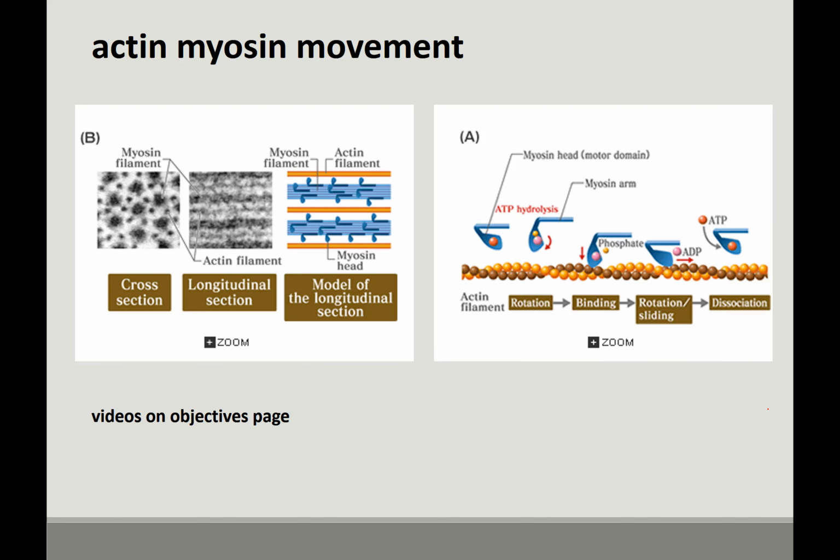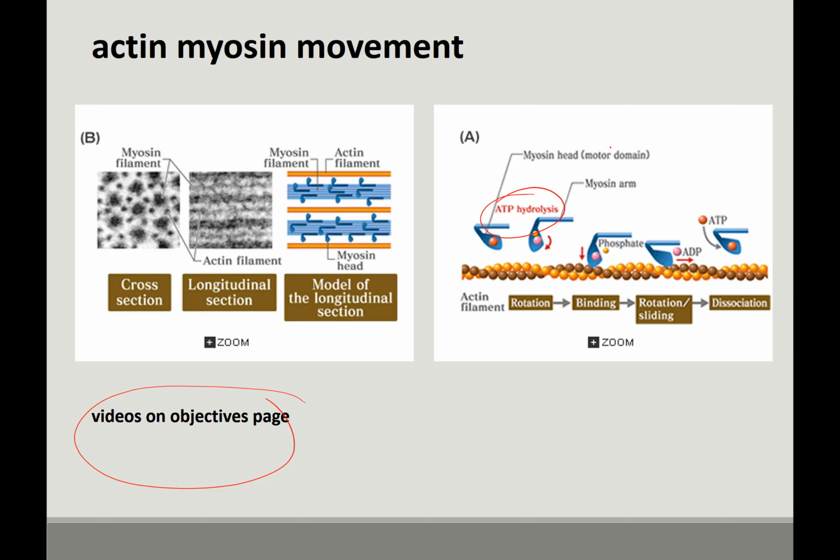For actin-myosin movement in skeletal muscle and in cardiac muscle, I want you to watch the videos I've put links to on the chapter objective page. I can't draw it, so it's better to watch some animations. The important part, again, you have ATP hydrolysis, which allows the protein to change shape.